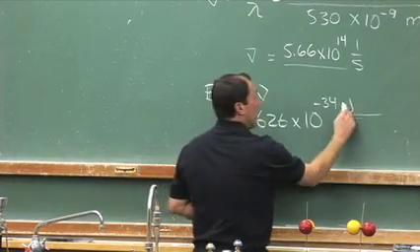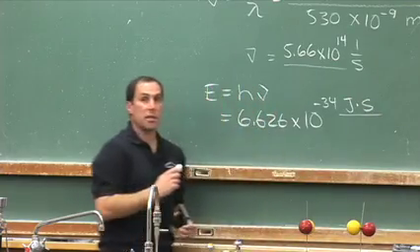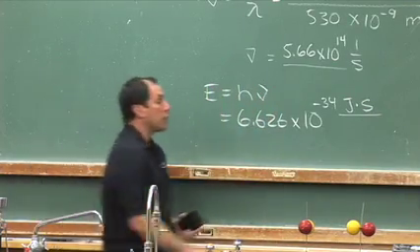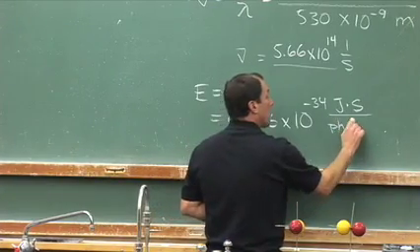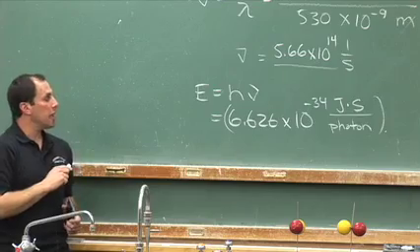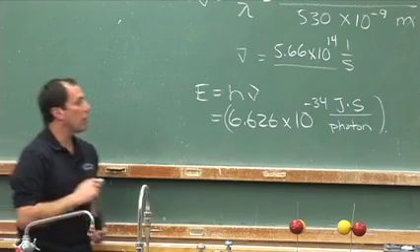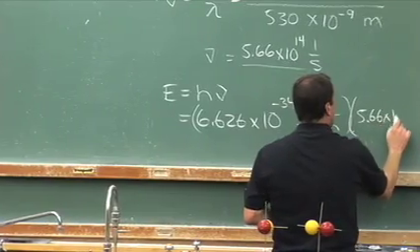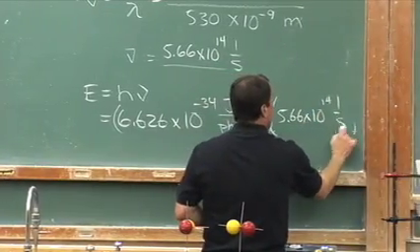The units of Planck's constant are joules times seconds, and really, this is for 1 photon, 1 packet of energy. So I'm going to sneak in this little photon underneath here. So that is h, Planck's constant, joules times seconds per 1 photon, times our frequency that we just calculated, 5.66 times 10 to the 14th, 1 over seconds.